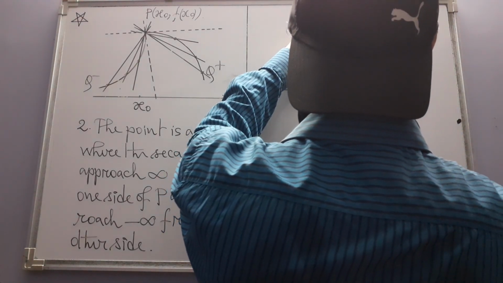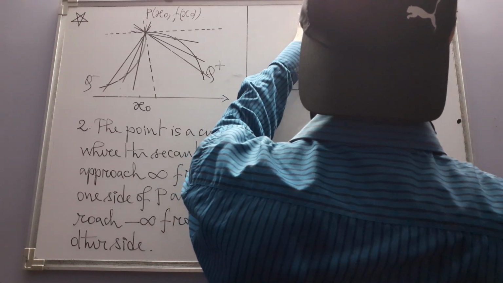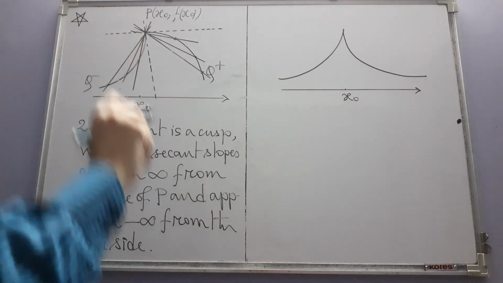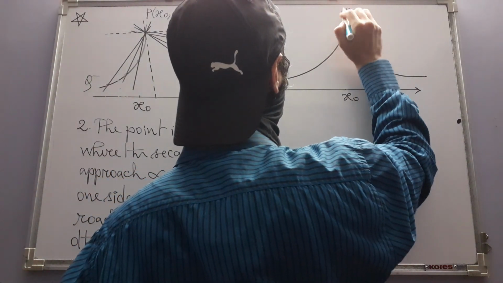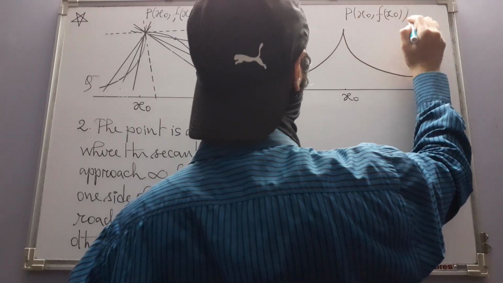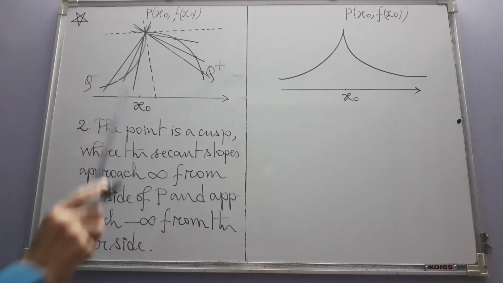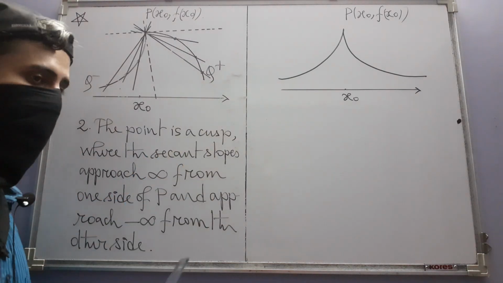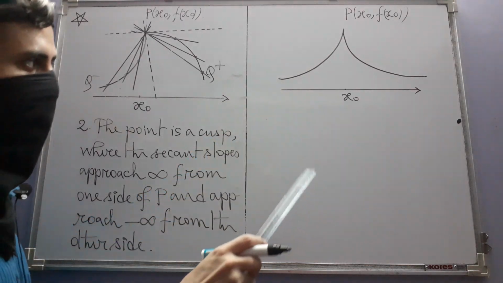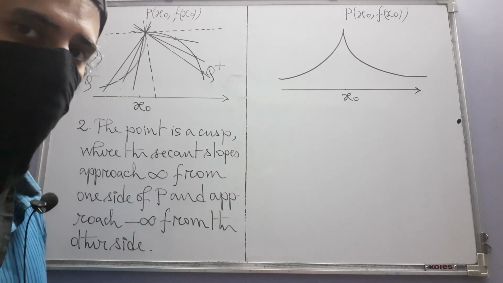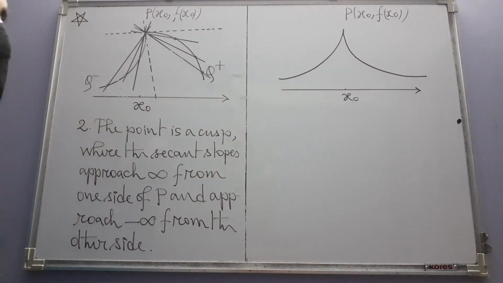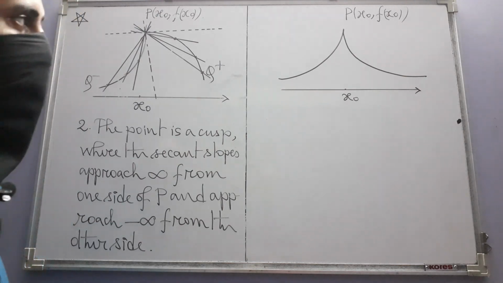So this is our point x0, and that is the point P. This also looks like a corner, but the situation is somewhat different here. Note that in all these situations, f is defined at x0. x0 is a point in the domain of f, so there is nothing wrong with having a value of the function at x0. We have a value. Here we have a value, here also we have a value. Having derivative, however, is something different than having simply a value.